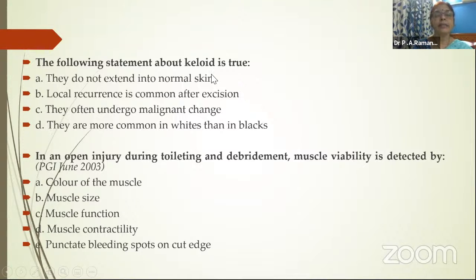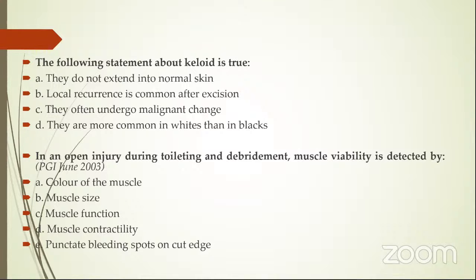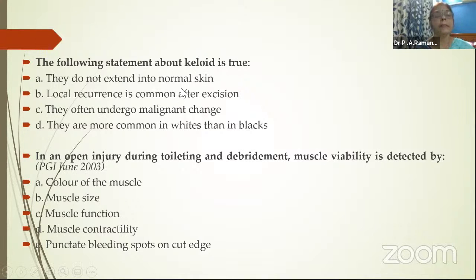The following statement about keloid is true. They do not extend into normal skin. Is it true or false, students? False, ma'am. So it is false. Local recurrence is common after excision. True or false? Yes.